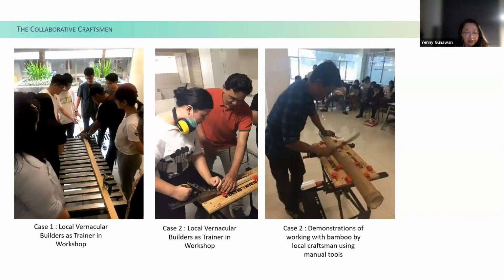So in the first and second case studies, the local vernacular carpenters are invited to our school, and they act as trainers in the wood and bamboo material workshop. Architecture students acted as designers and trainees.